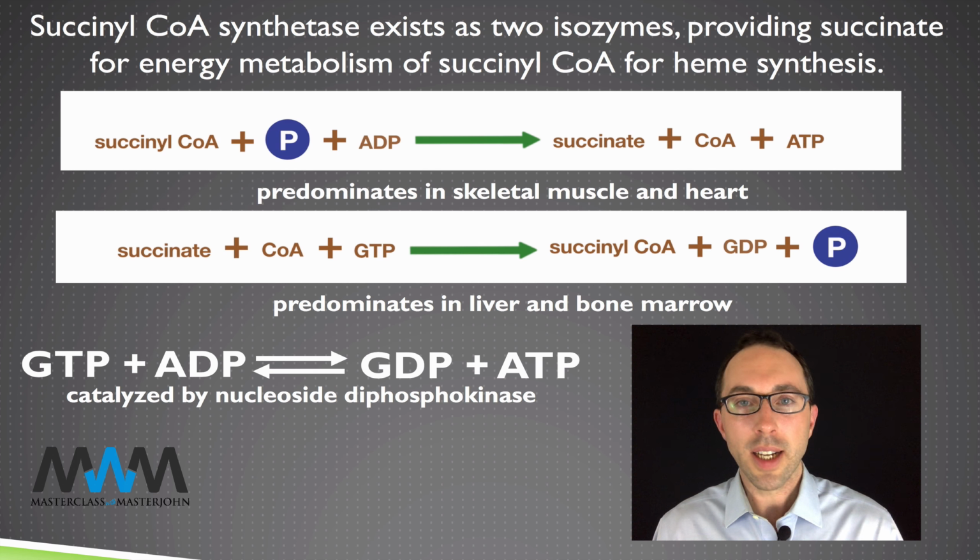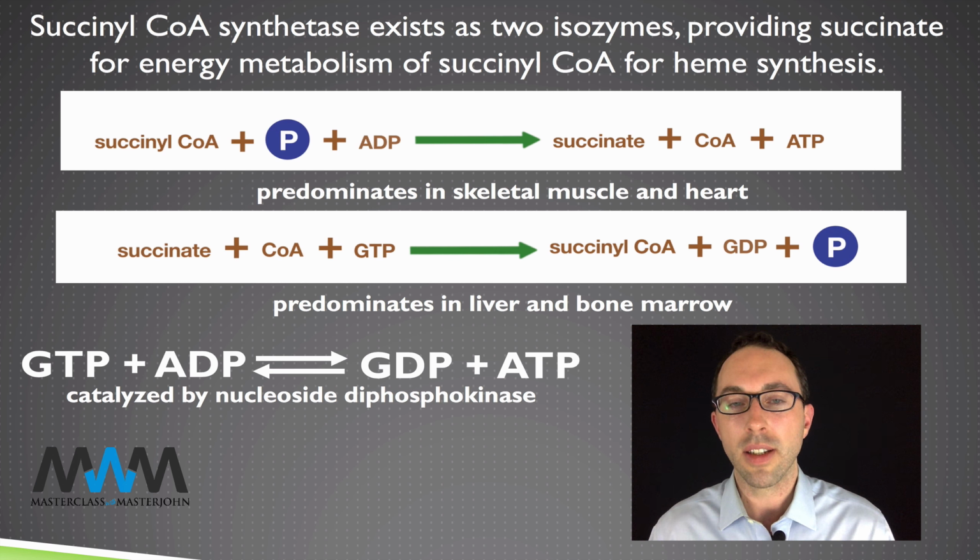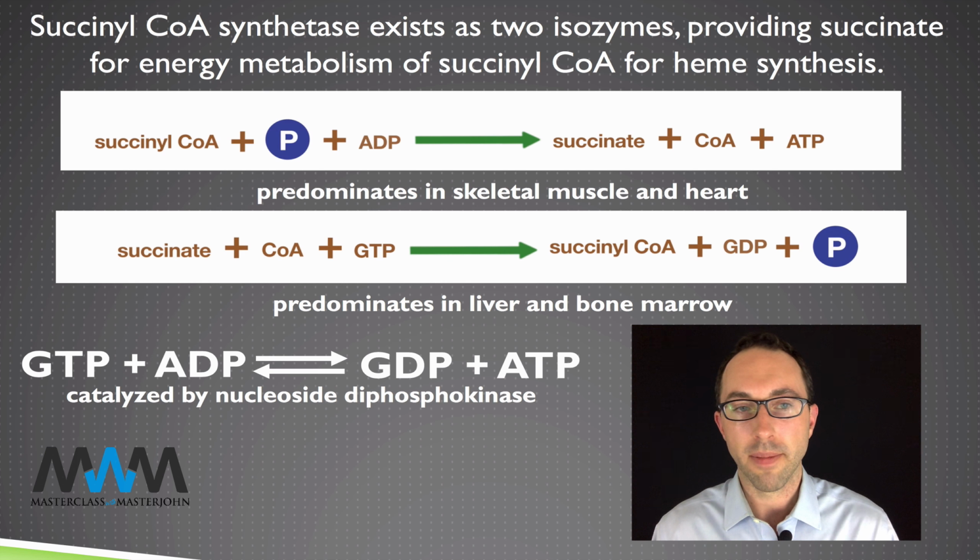Therefore, a different isozyme predominates in liver and bone marrow that works in the opposite direction and utilizes energy from GTP instead of using ATP. GTP is guanosine triphosphate, whereas ATP is adenosine triphosphate. GTP and ATP are very similar, but guanosine triphosphate uses a different nucleoside.